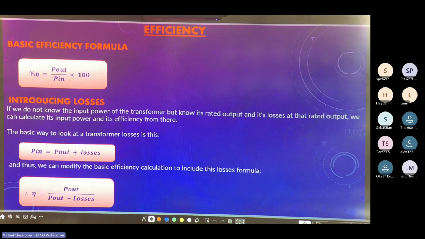Then if we look at losses, the basic way to look at transformer losses is P in equals P out plus losses. So therefore, the basic efficiency calculation can include this losses formula. So efficiency is equal to P out over P out plus losses.